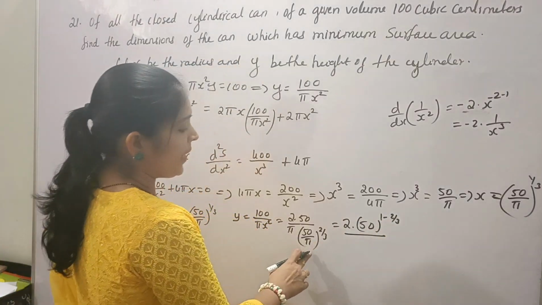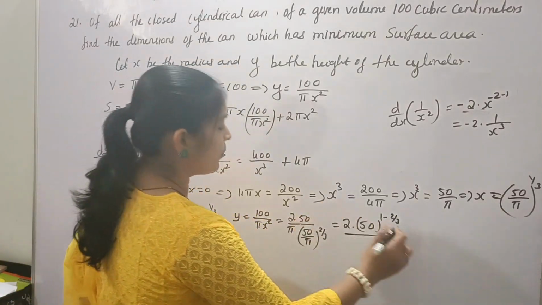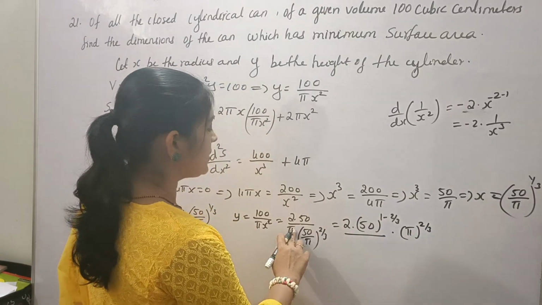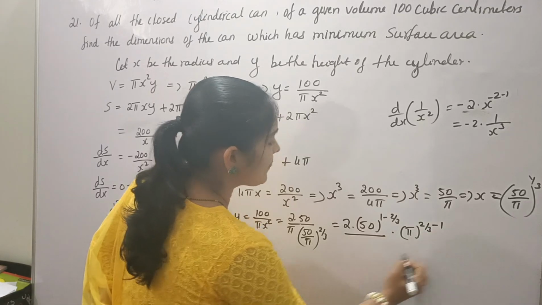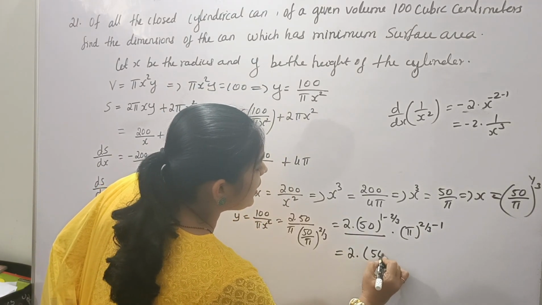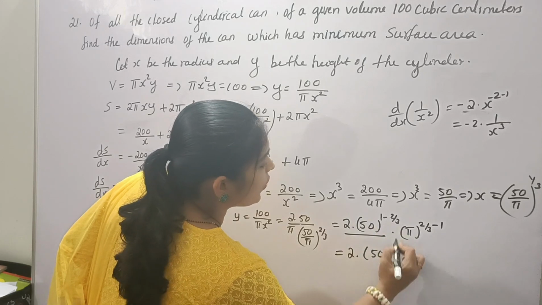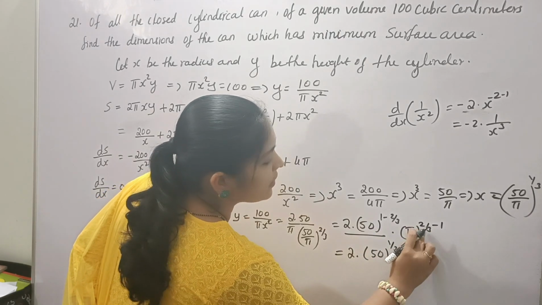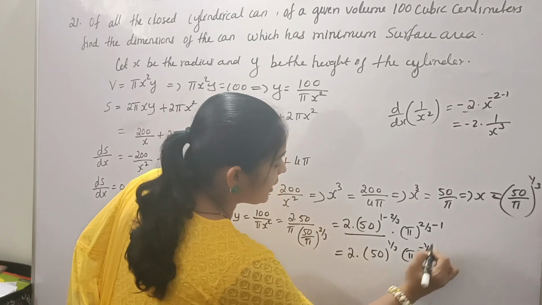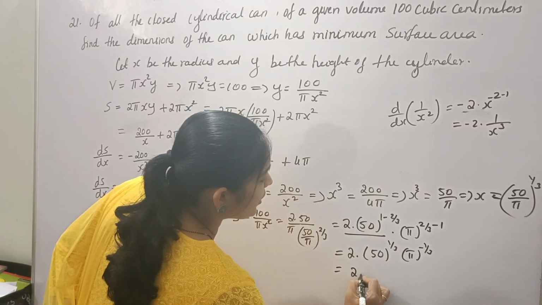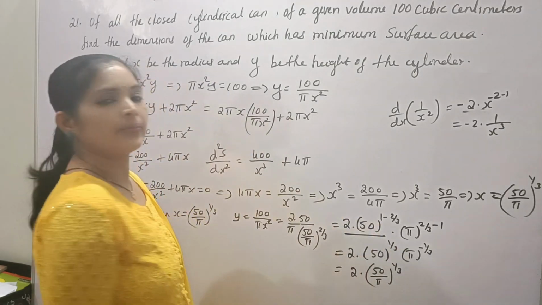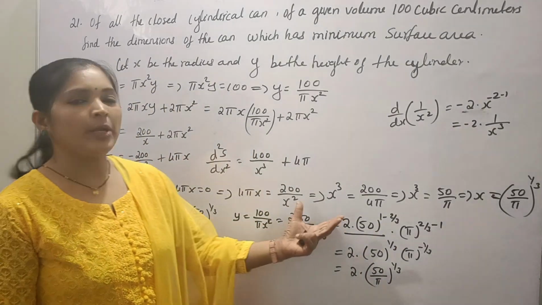This pi raised to 2 by 3 will come to the numerator, so pi raised to 2 by 3 and this minus 1. So it will be 2 into 50 raised to 1 by 3, and pi raised to minus 1 by 3. So we can write 2 into 50 by pi whole raised to 1 by 3.